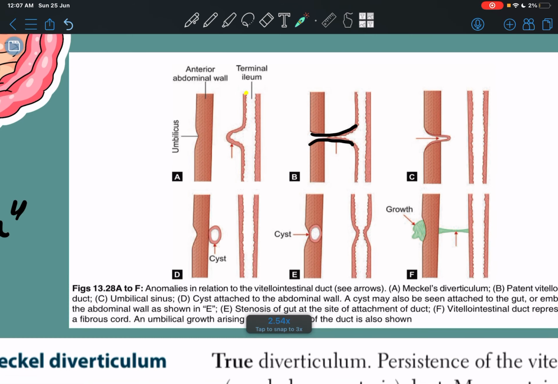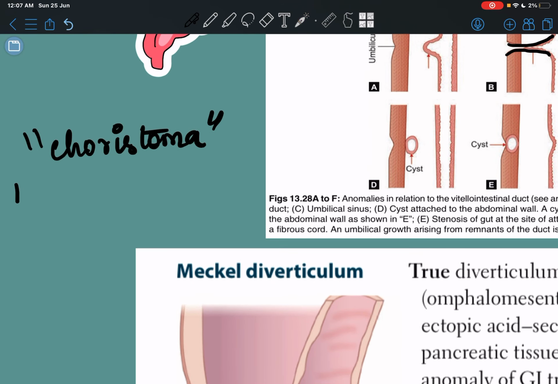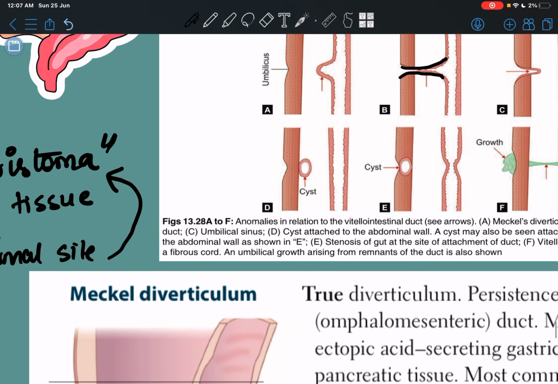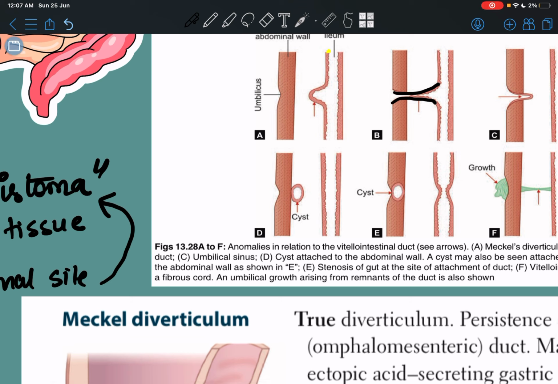So what that will be is a normal tissue like pancreatic or gastric growing at an abnormal site, which is Meckel's diverticulum. That is called a choristoma. So just wanted to add that. That we see in Meckel's diverticulum, and also gastric mucosa will release H plus, and that can cause a gastric ulcer in the Meckel's diverticulum. That's very complicated.